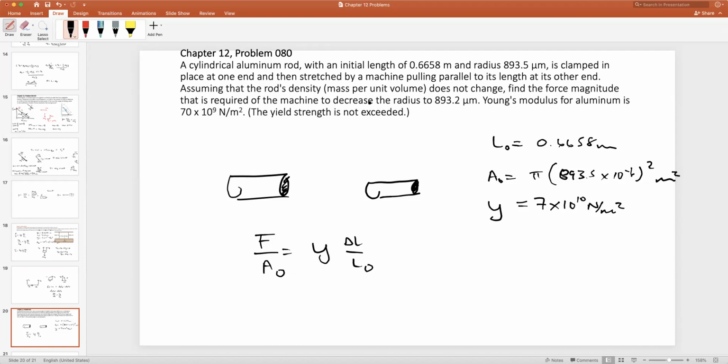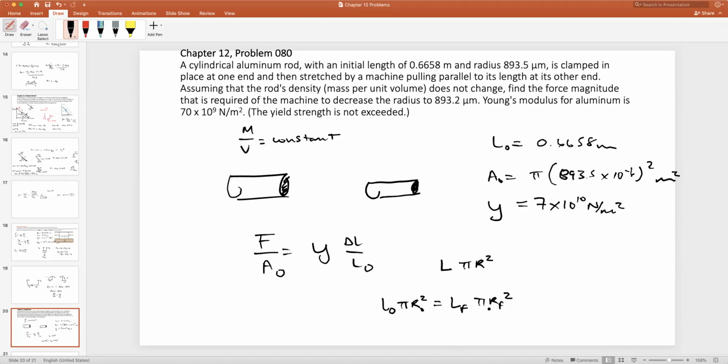But we're told that the mass per unit volume does not change. We know that the mass cannot change. If we're saying the density is constant, and the mass can't change, then the volume can't change either. And volume of a cylinder is L times pi r squared. So we say that the initial length times pi times initial radius squared is equal to the final length times the final radius squared.